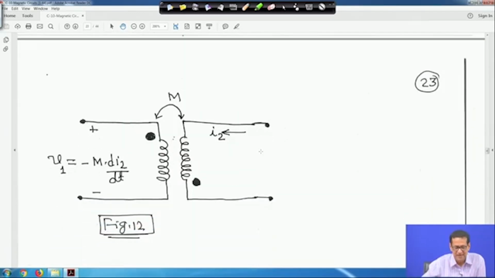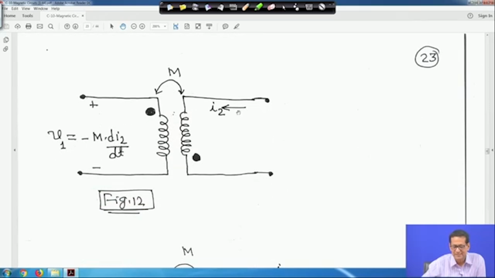Now, similarly the other way also. Current I2 is entering here, but leaving the dot. Here, current I2 is actually leaving the dot, right. The reference polarity here is plus, and here it is plus, but the current is leaving the dot, that is why it is minus.